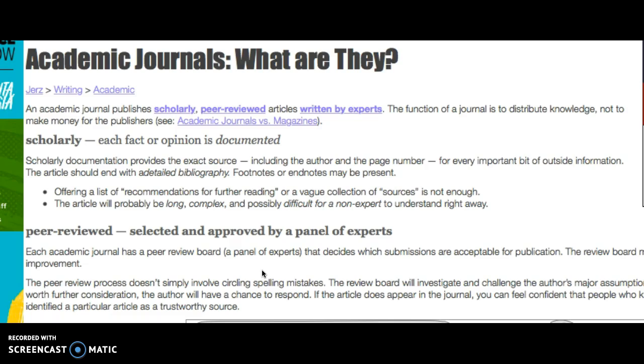And so the same for history, you'll have journals that are specific to history, but maybe even more specialized. So it may be a certain area of history, it may be classical history, or it may be just history related to the ancient Greeks. And so everything in that journal, every article is related to something that happened in the ancient Greek time period or an ancient Greek person, some kind of research that a scholar has done on that area.